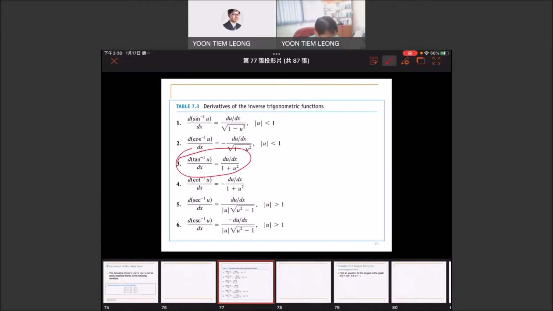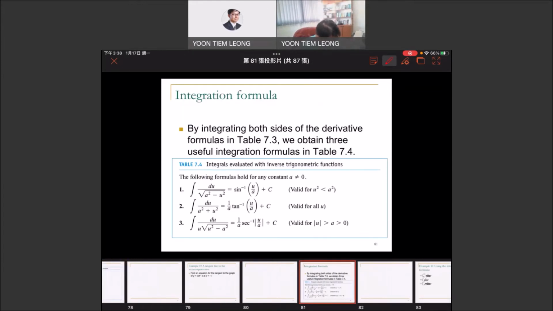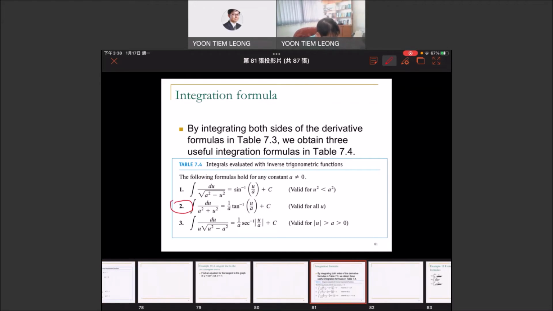Now I would like to repeat the derivations for the integration functions. That's one. Which is the second equation from the differential version of it.